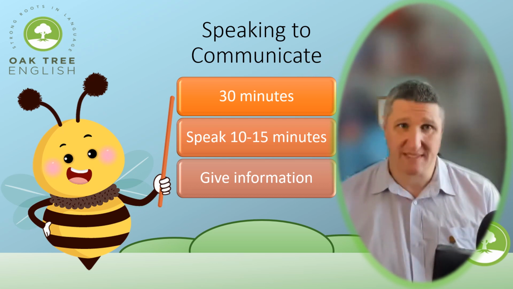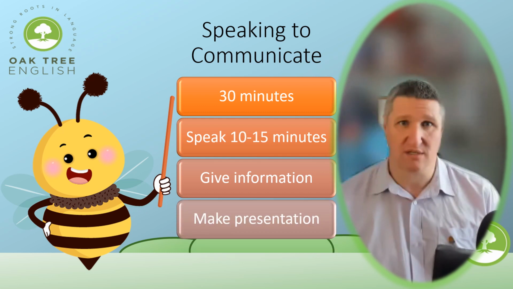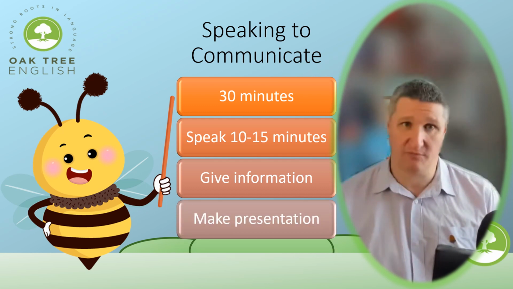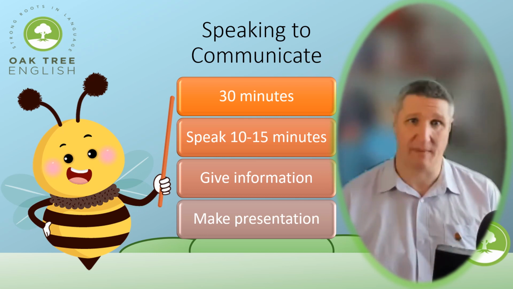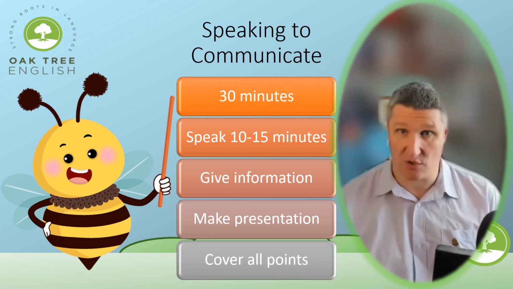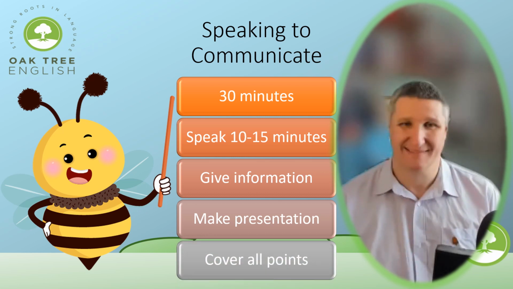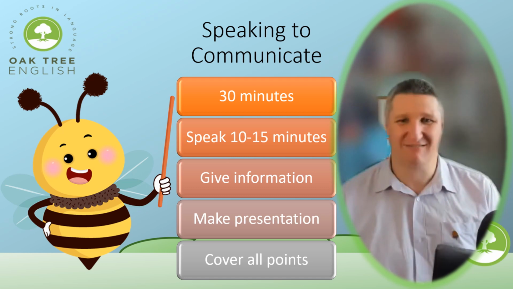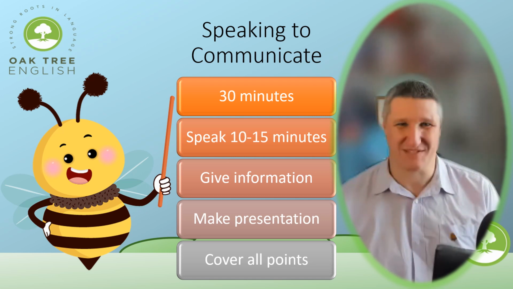The second part will be to give a short talk or presentation about a topic that you've been given. The exam will suggest some things you should talk about. Make sure you include everything you're asked for. Let's think about the process in relation to this question.